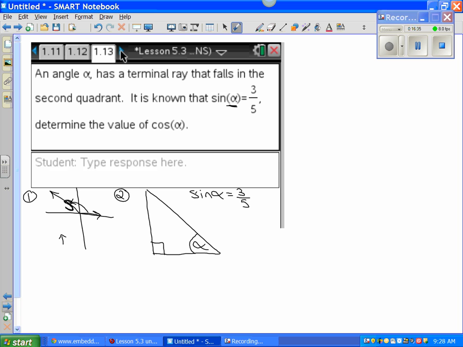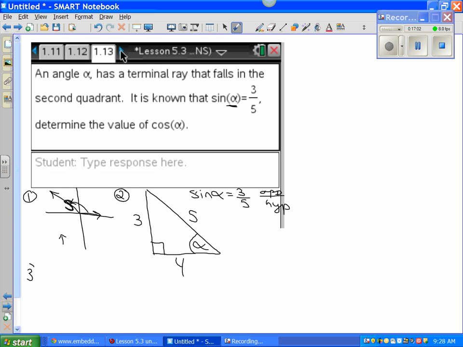SOHCAHTOA. What's sine? Opposite over hypotenuse. Good. So from alpha, opposite is 3, and hypotenuse is 5. What do you know about this triangle? You should automatically be able to tell me what that third side is. 4, common Pythagorean triple, right? So we're going to label that 4.